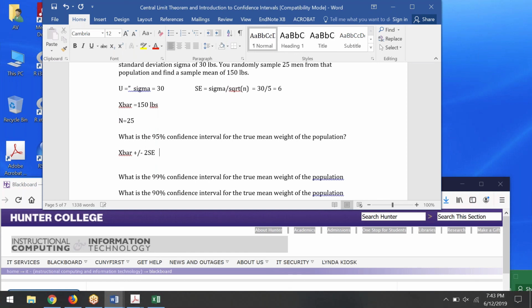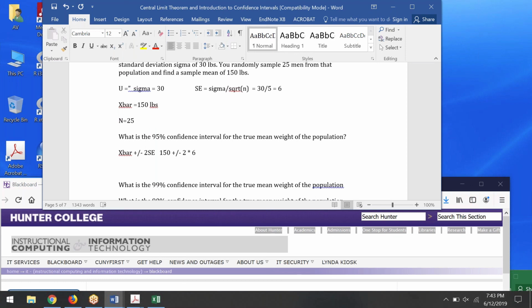So I'm going to say, okay, what's that going to be? That's going to be 150 plus or minus 2 times standard error, which is equal to 6. So what is that going to be? That's going to be 150 plus or minus 12. So my 95% confidence interval, 12 less than that is 138, comma, and 12 above that is 162.